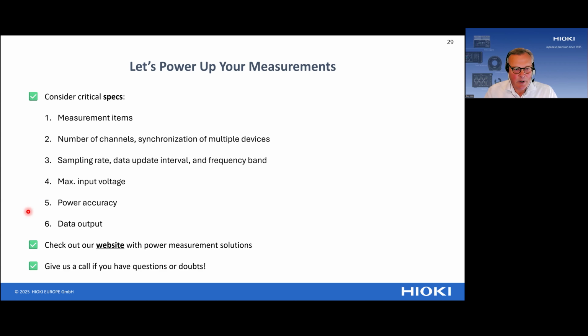And then we have seen the maximum input voltage and what we can do if we exceed the maximum input voltage of the measurement device. We have looked at the power accuracy and have shown you how to calculate the power accuracy of the different applications. And then in the end, we have looked at the data output, of course.